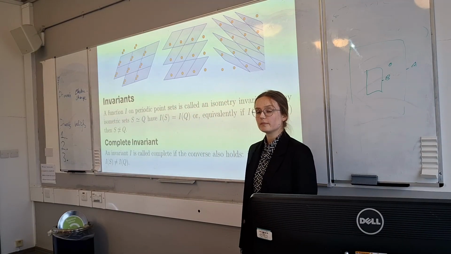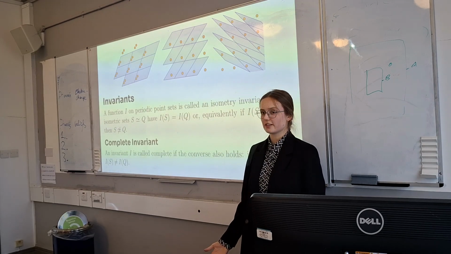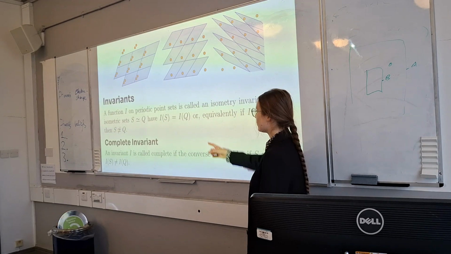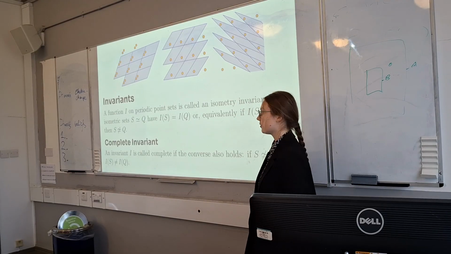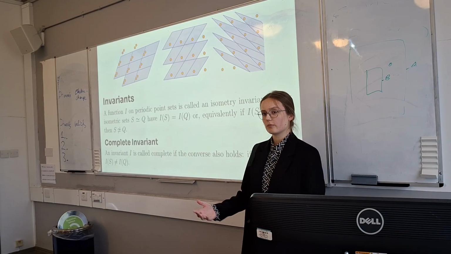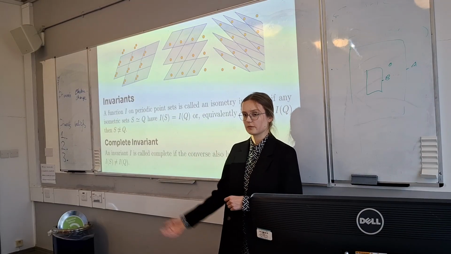So what do you mean by continuous invariant? A non-continuous invariant is a function where it's equal to space group 1 if they have this symmetry, and they are in space group 2 if something else, so you assign specific values.